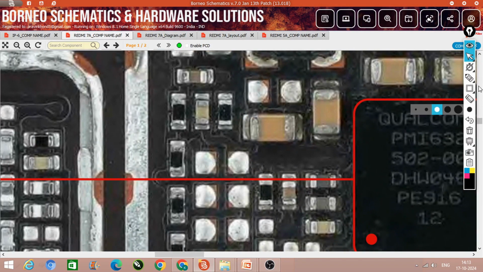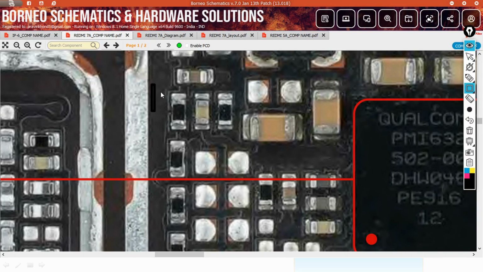Basically this resistance is a 15 kilo resistance, 15K resistance. Right?